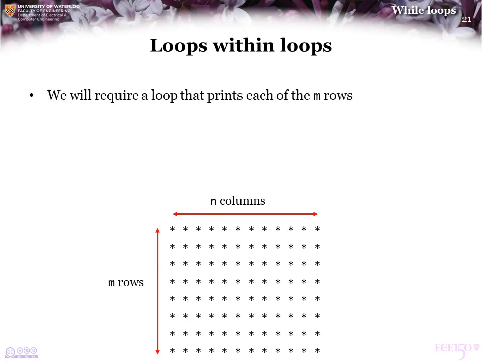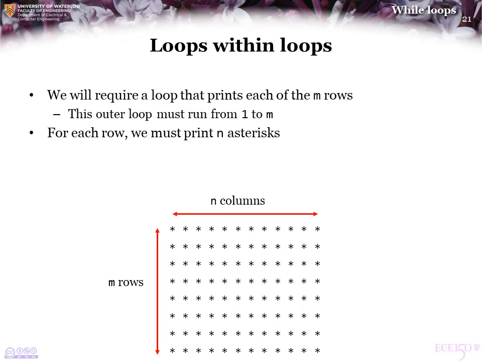So, to create this ASCII art, we will require a loop where each iteration of that loop will print one of the m rows. Well, this outer loop must therefore run from 1 to m. Now, each time the body of that loop executes, it must print all the asterisks in one row.